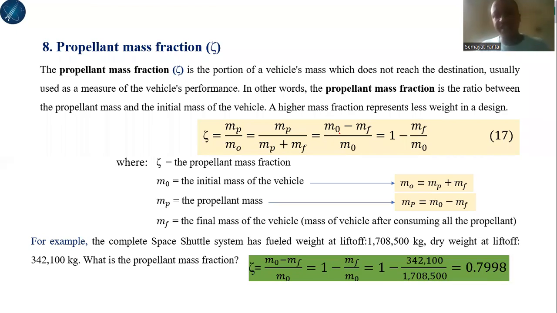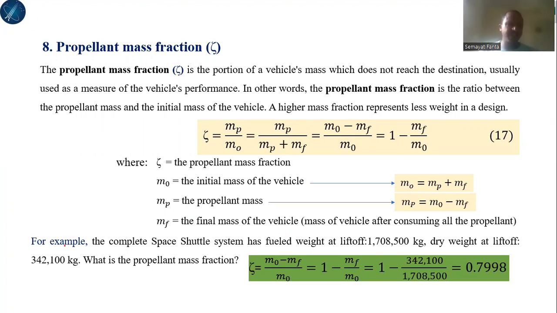Propellant mass is equal to initial mass minus final mass. So MP is equal to initial mass minus final mass, which means 1 minus MF over M naught. This symbol represents propellant mass ratio.